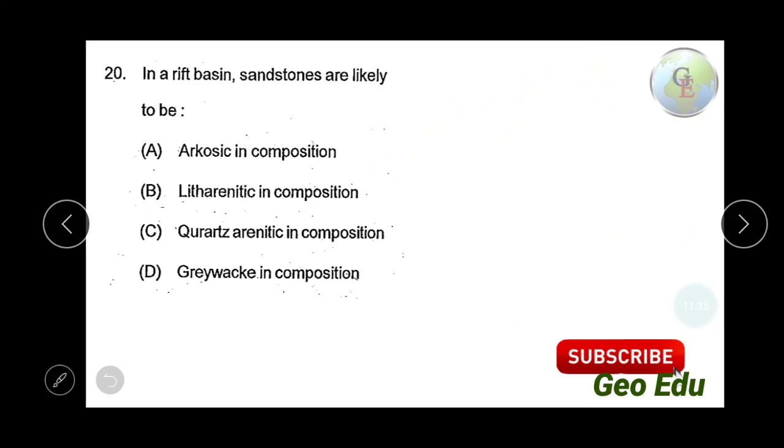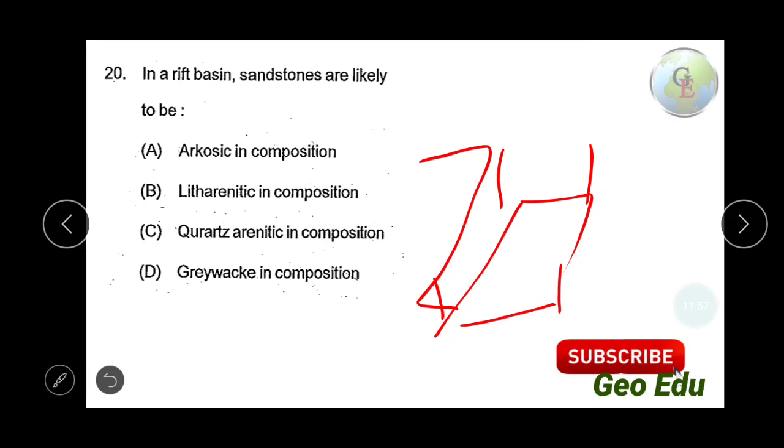Next question: in Rift Basin, sandstones are likely to be option A arkosic in composition, option B litharenite in composition, option C quartzarenite in composition, option D greywacke in composition. What happens in Rift Basin? When a rift basin forms, fractures develop, and the fractures are filled with basaltic rocks, and basaltic rocks, as we know, are rich in plagioclase minerals, that is feldspar.